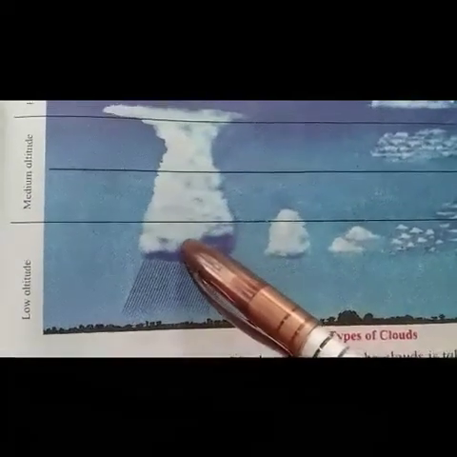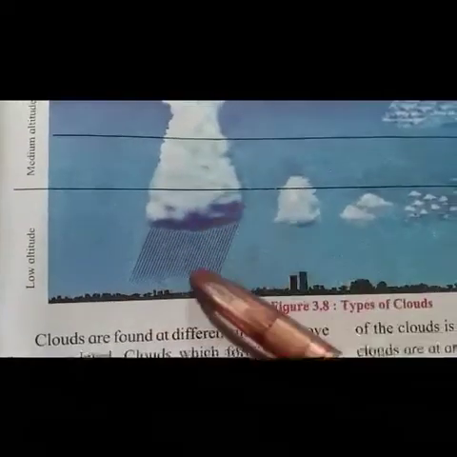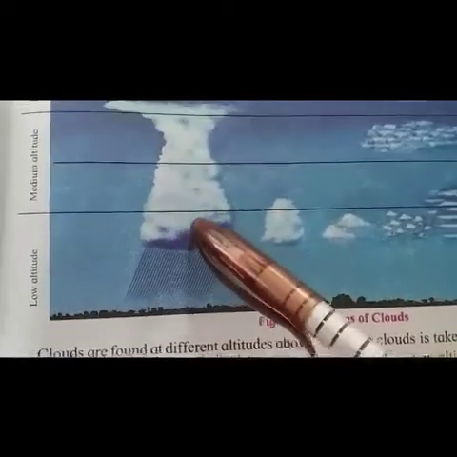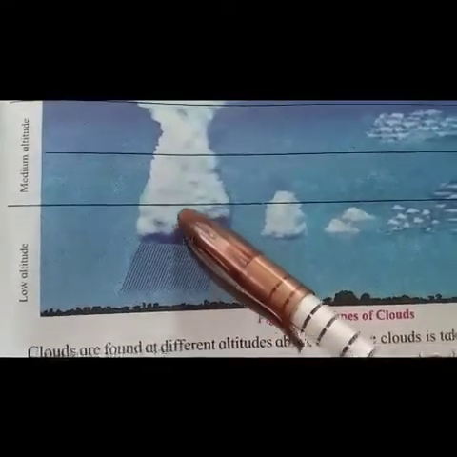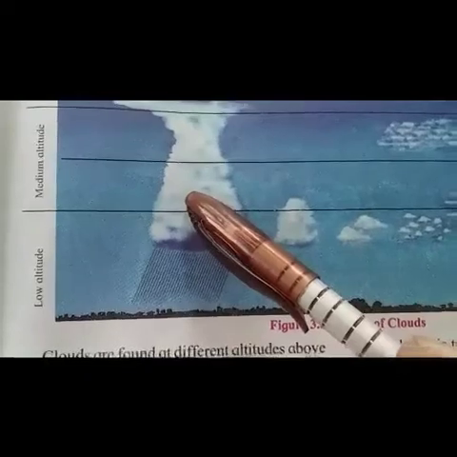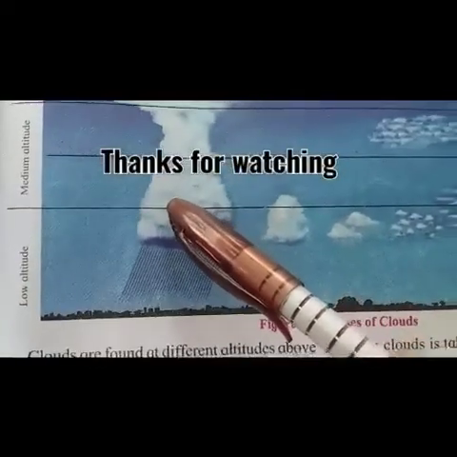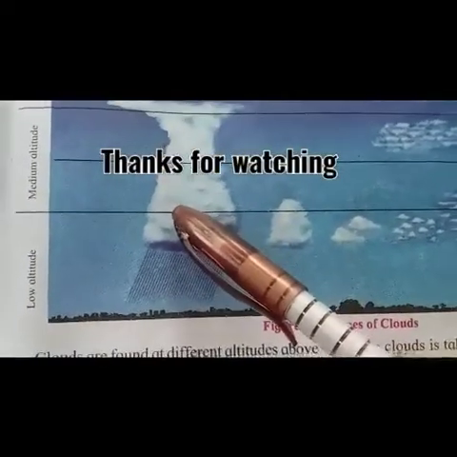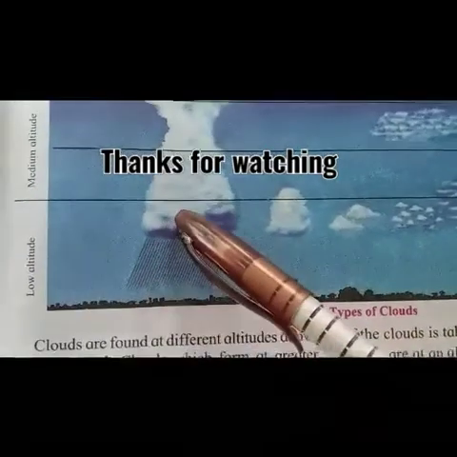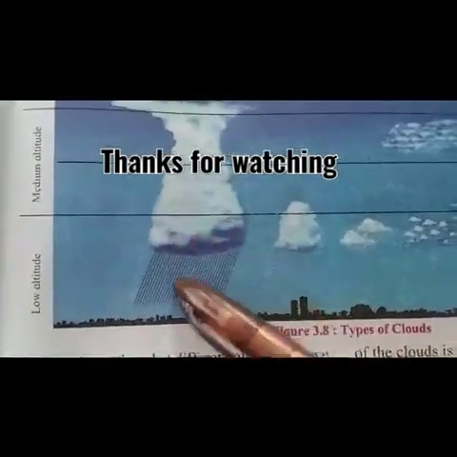They fall in the form of rain. Sometimes the air in the clouds is very cold. As a result, these drops freeze and fall in the form of hail. We call them hailstones.